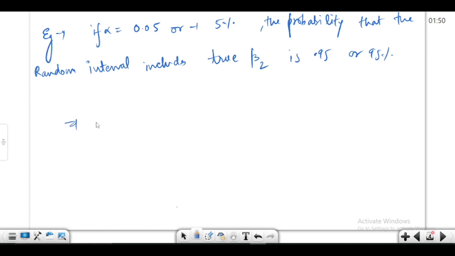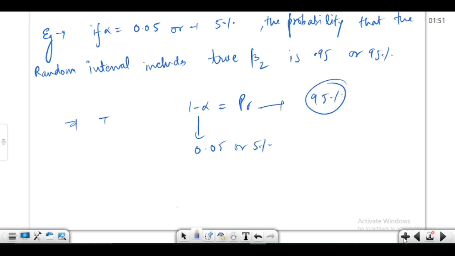This implies the interval estimator gives a range of values within which the true beta 2 may lie. So 1 minus alpha is actually the probability.